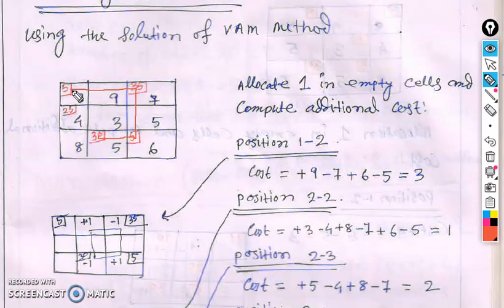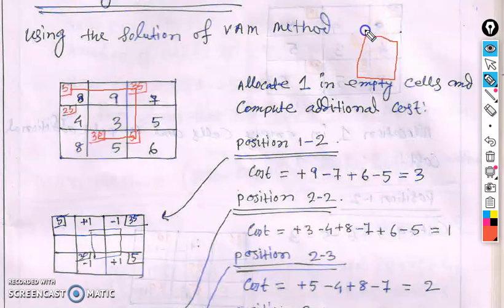You start from any occupied cell, move and turn from a particular occupied cell, and if you can come back to the starting point by the same procedure, then it is called a loop. That is the definition of loop. This one is a loop.